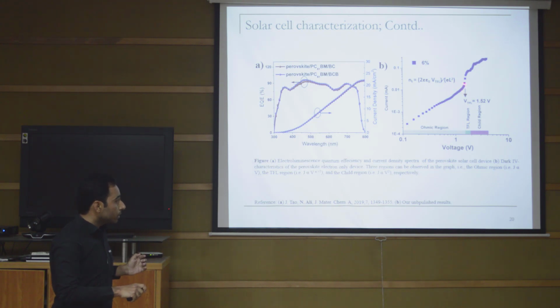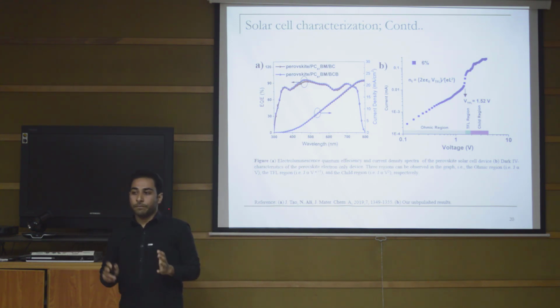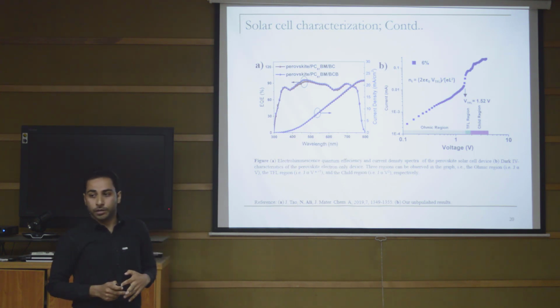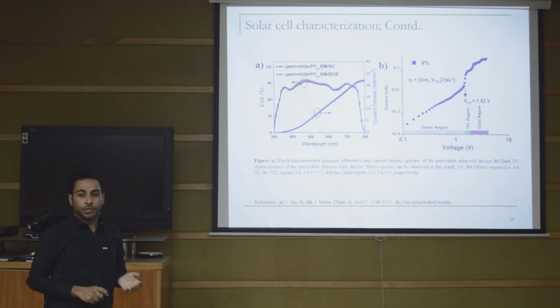So you have to note this point and check the voltage at this point, then use the voltage in this formula along with the thickness of the film, and directly you will calculate the number of traps inside the material, meaning where the charge carrier may be trapped to produce some non-radiative transition. So the smaller this number, the better the material is for the solar cell.